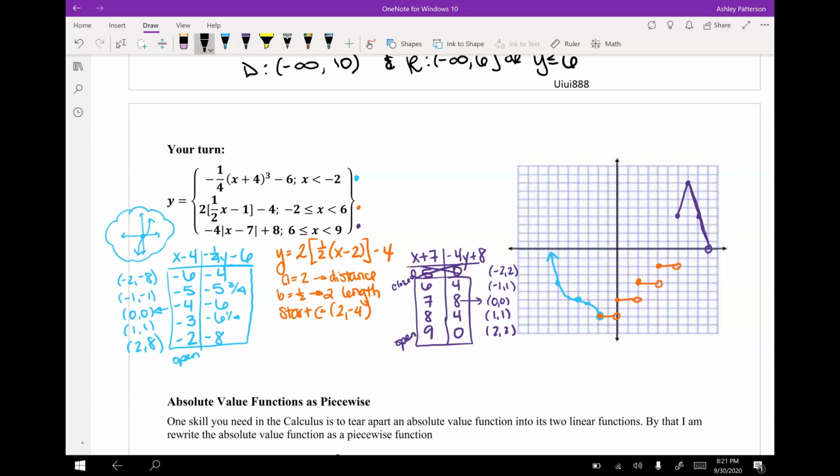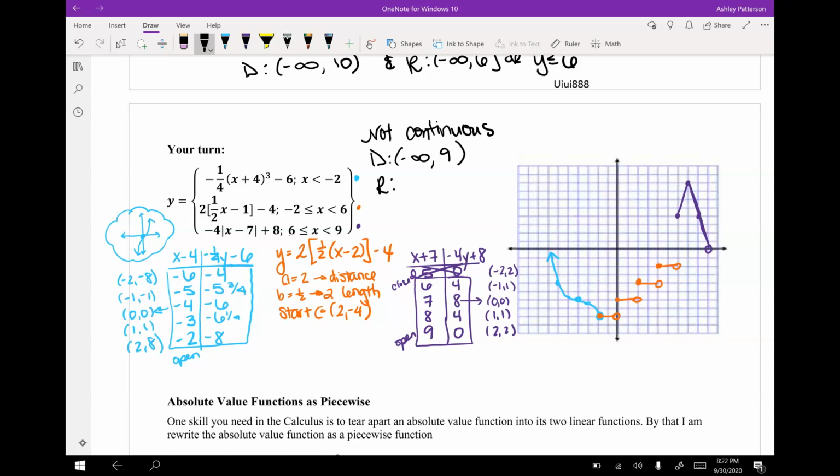All right, we know that this is not continuous. How do I know that? Because there are gaps between the pieces. You cannot draw this really cool looking function from one side to the next without lifting up your pencil. Sorry. The domain goes from -infinity because of the parabola all the way over to 9, non-inclusive, because it's an open circle.